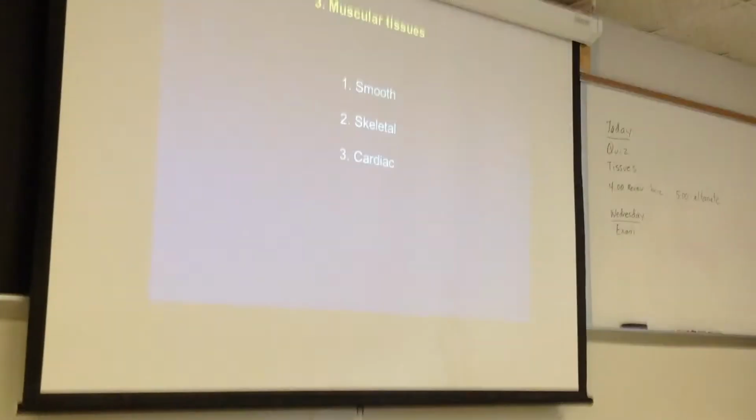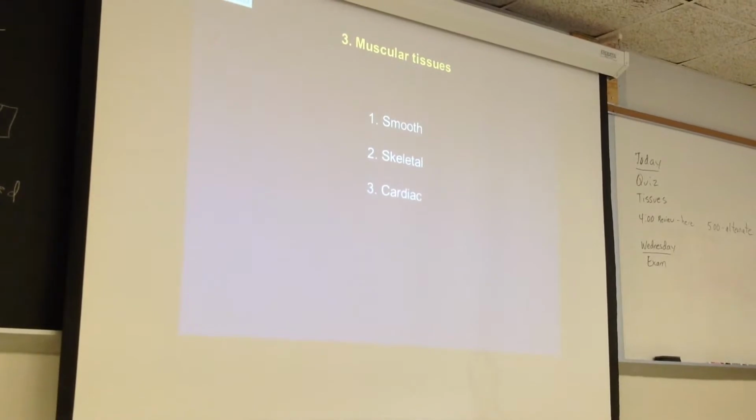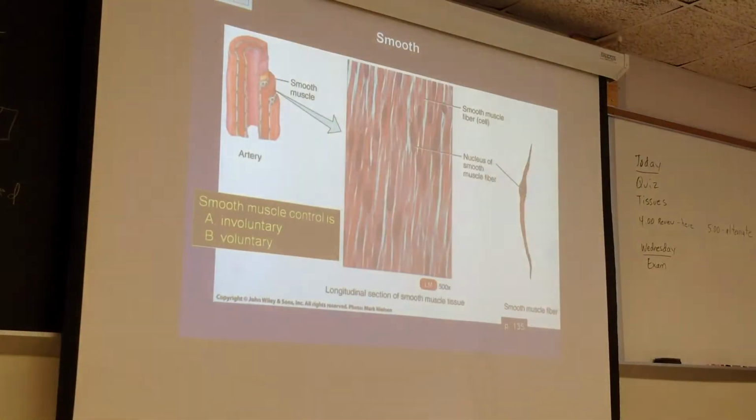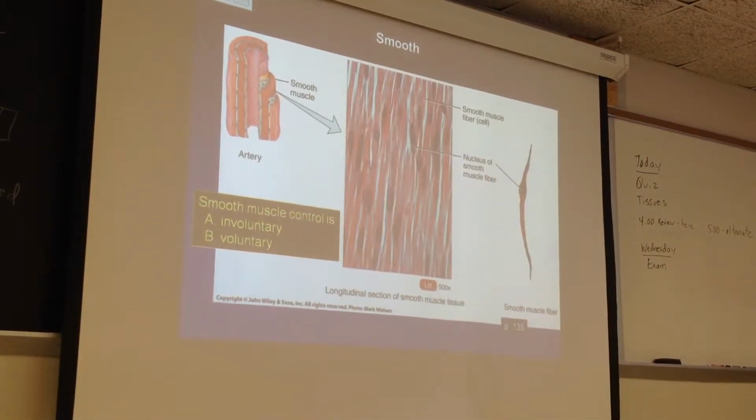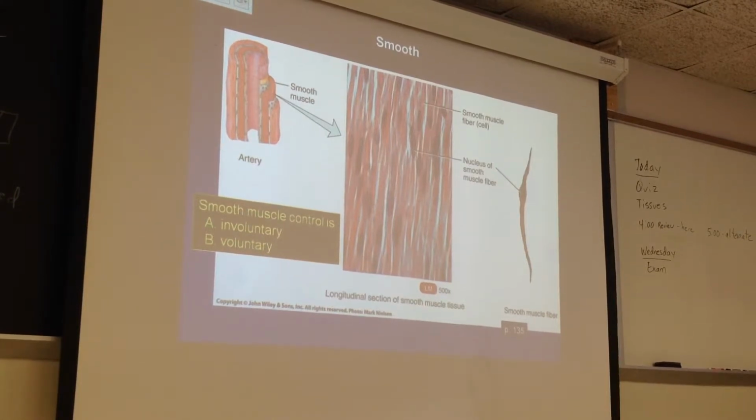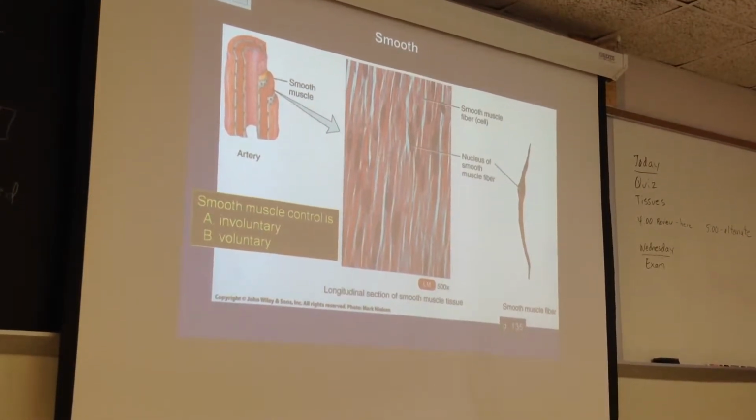Let's take a look at some pictures of these and think about where we might find these tissues in a human body and what their functions are. Smooth muscle tissue. Okay, we learned before that smooth muscles, here's a real skinny one, tend to have pointy ends, thicker in the middle. We don't see obvious striations, they look very smooth textured.